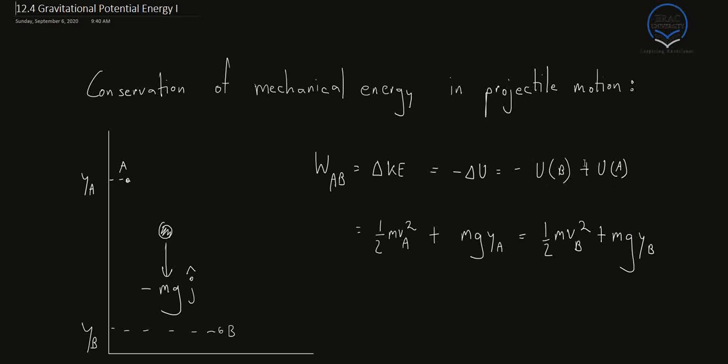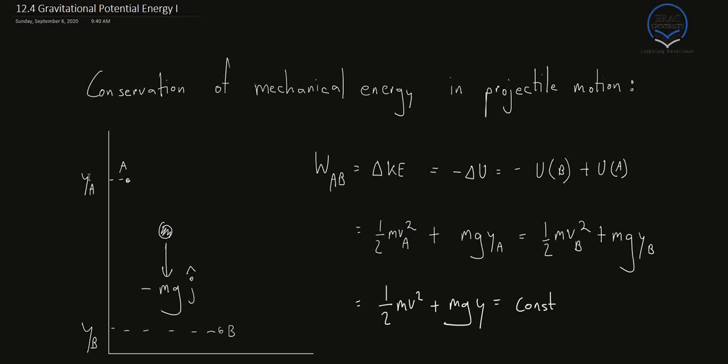And then because U_B equals mgy_B and U_A equals mgy_A, rearranging this equation, you have half m v_A squared plus mgy_A equal to half m v_B squared plus mgy_B. In other words, you have half mv squared plus mgy equal to a constant, which is the total energy of the system.